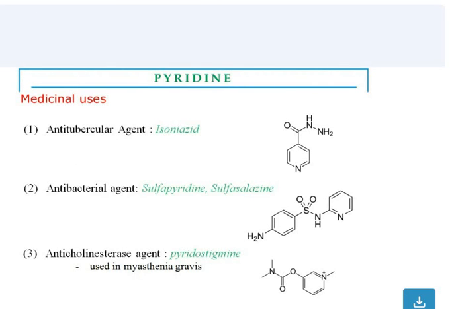Now medicinal uses. Anti-tubercular agent, isoniazid, you can see the presence of the pyridine ring. Antibacterial agents, sulfapyridine and sulfasalazine, you can see the pyridine structure. Anti-cholinesterase agent, pyridostigmine, used in myasthenia gravis.